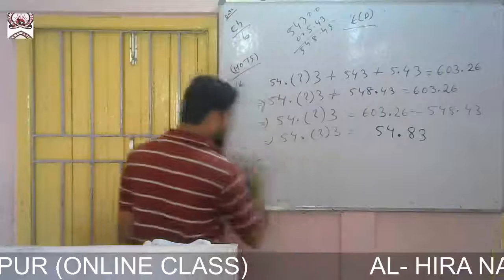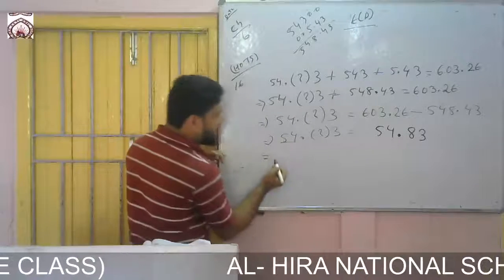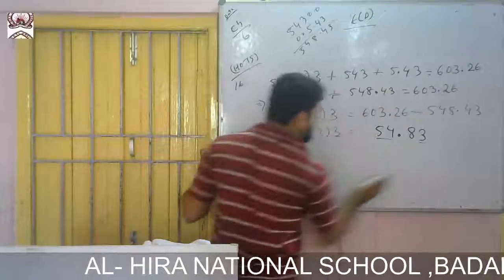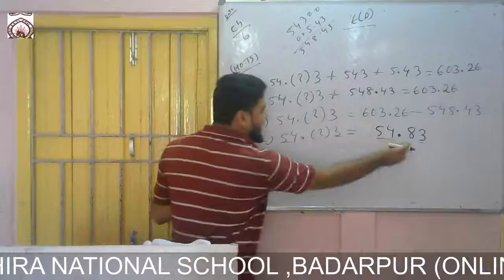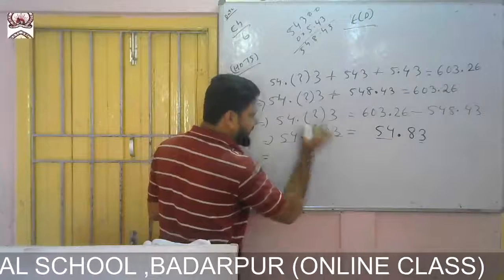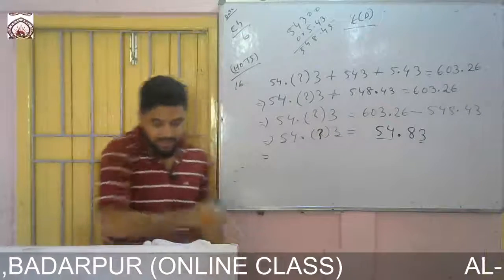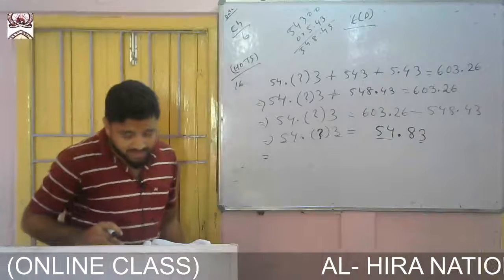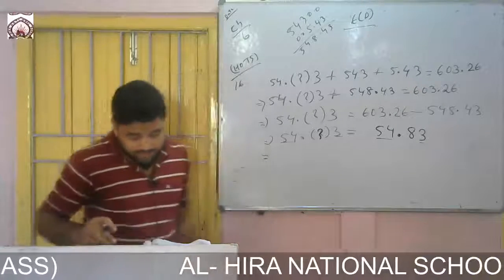So you write 54.83. One thing you see here: 54 is also there, 3 is also there, and since these two are equal, here 8 is there. That means in the question mark 8 will come.